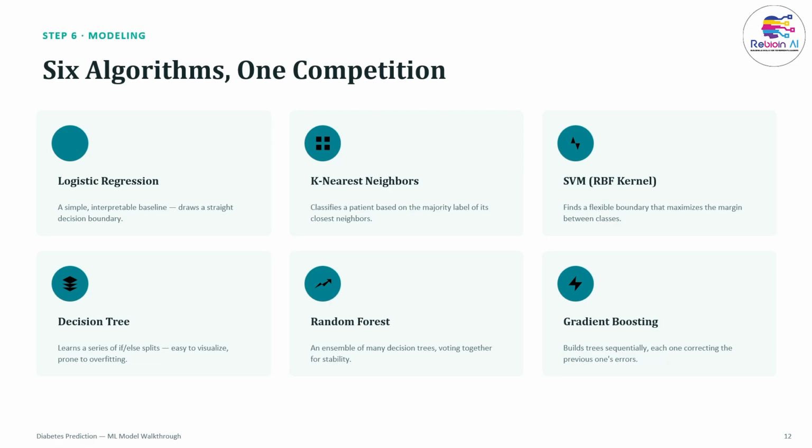It is an ensemble of many decision trees voting together, and it is used for stability. And the last, sixth, gradient boosting. It builds trees one after another, with each new tree specifically correcting the mistakes of the one before it. We will compare all six fairly on the same held out test set.